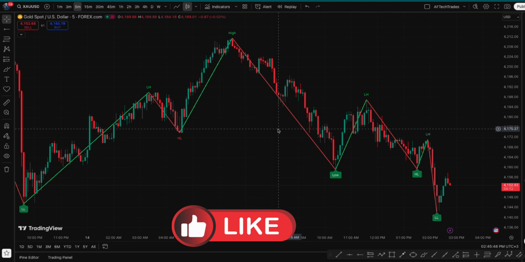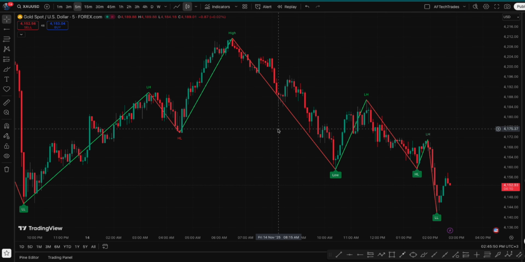I have tested it on Bitcoin and on gold. As you can see currently on our screen, we have gold. So this is the number one thing I observed with it.